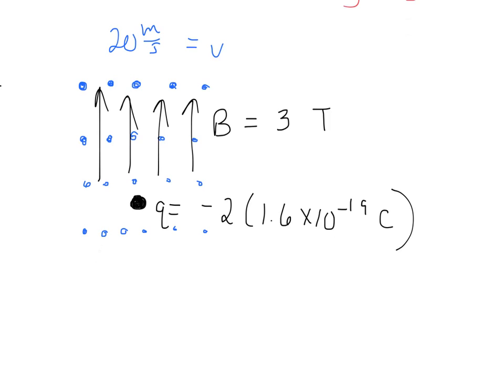Okay? So the word problem would say, a field strength of 3 Tesla acts directly up. The velocity of the particle is 20 meters per second out of the page. If the particle has a charge equivalent to 2 electrons, determine the force felt and the direction of that force. So let's figure that out now. To find the force felt, we would use this formula here.